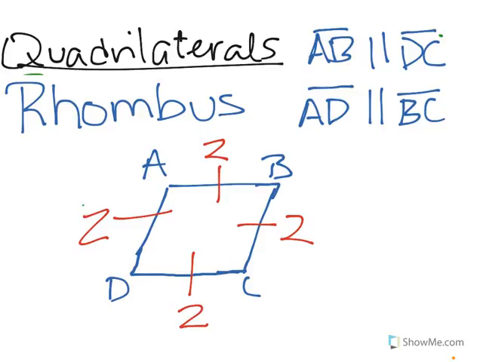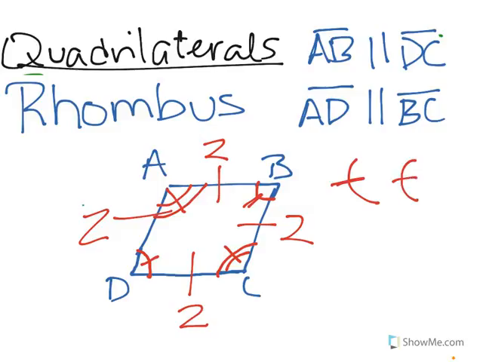Now the difference is the angles. The opposite angles are congruent. Angle D is the exact same measurement as angle B. Angle C is the exact same measurement as angle A. When I put a symbol that looks like this, it means these two angles are equal.